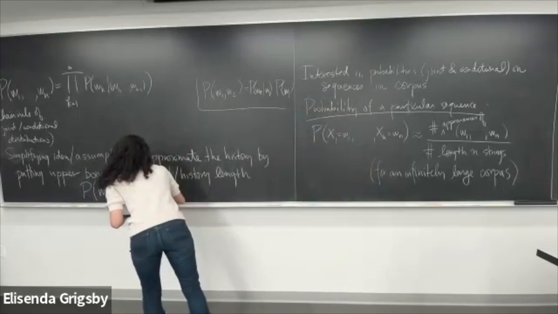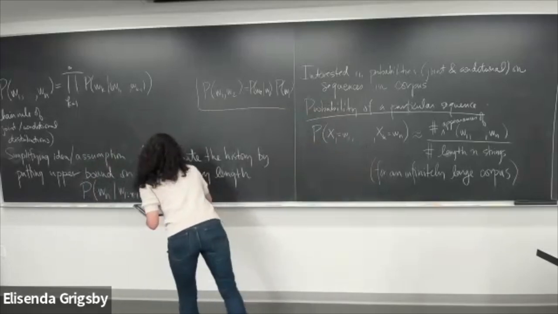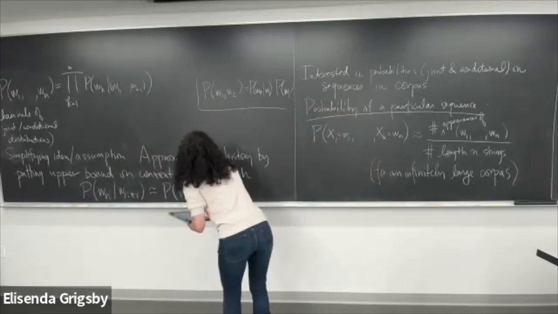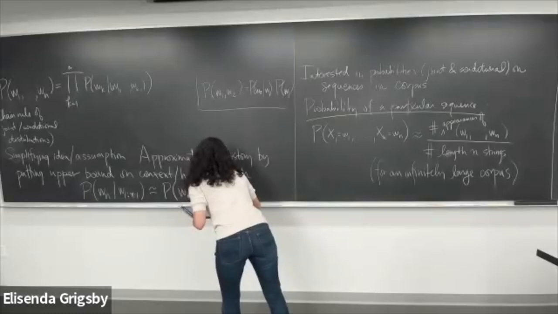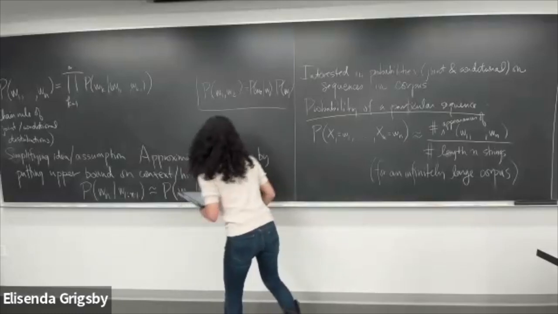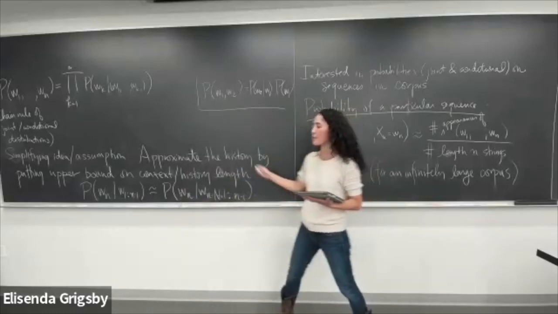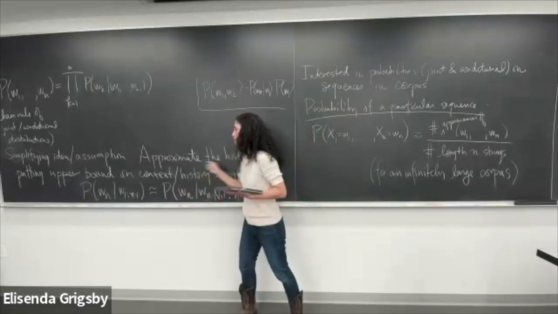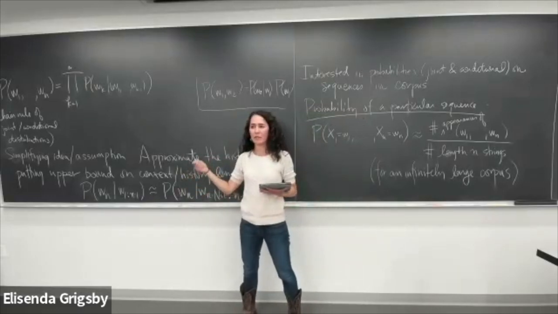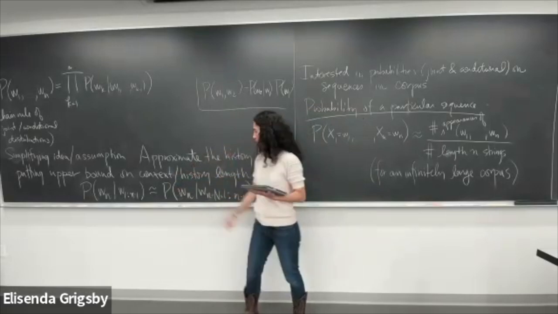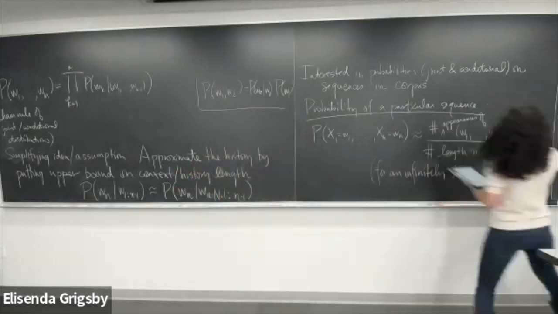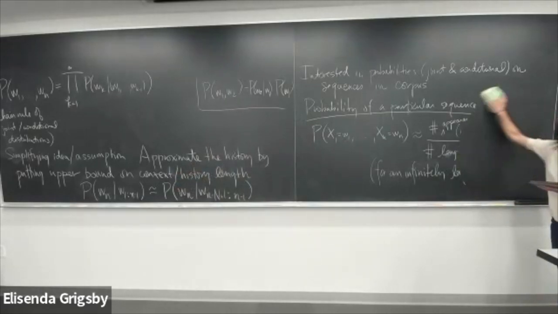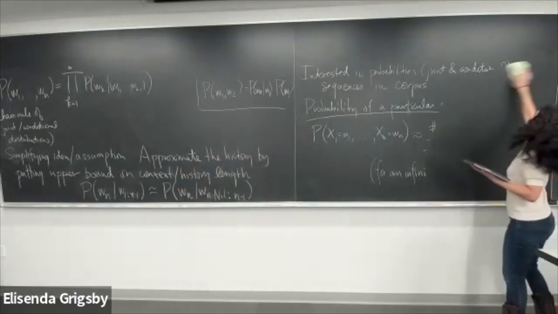So this should be something close to the probability of Wn conditional on the previous few tokens. Computing these probabilities using the empirical counts from the corpus is the subject of what's called n-gram statistics or n-gram probability distributions.